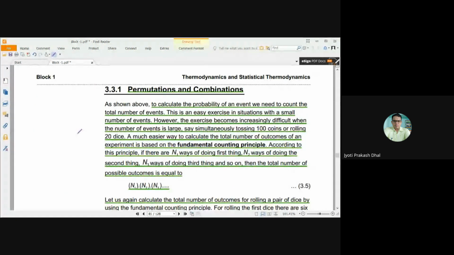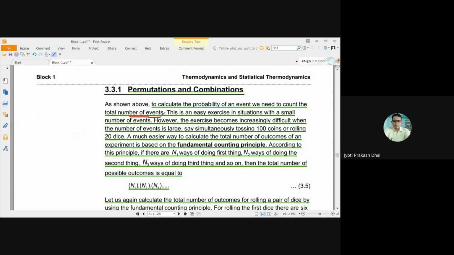Here we will apply permutations and combinations to find the probability distribution of a particular variable from the sample space of experiments. To calculate the probability of an event, we need to count the total number of events.